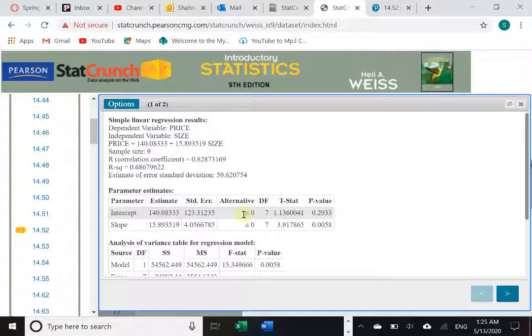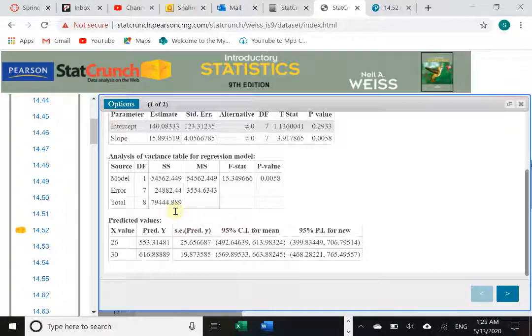We can test hypotheses about the slope of a line. Is the slope 0 or is it different from 0? Remember, slope 0 means a flat line, which means there is no trend in the data. You can ignore this portion. The analysis of variance we'll look at in the next section, so for now you can ignore this also.